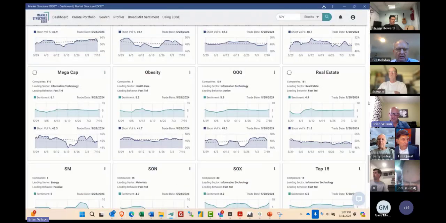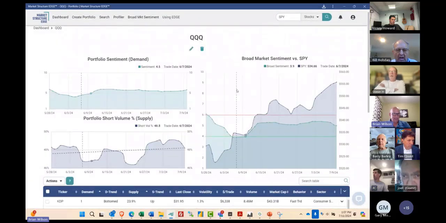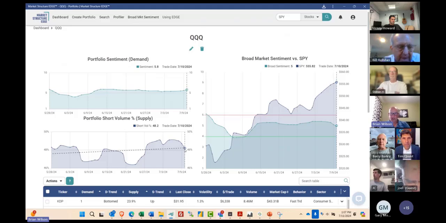But if you look at the triple Qs, let me enlarge this, that setup is actually pretty good. Sentiment is higher. Short volumes are actually moving below trend. That's why I had the triple Qs up. I was looking at it as a possible buy order for an options trade. If it continues to recover, I probably won't place that trade. But my point being, it's actually a pretty good setup for the Qs right now.